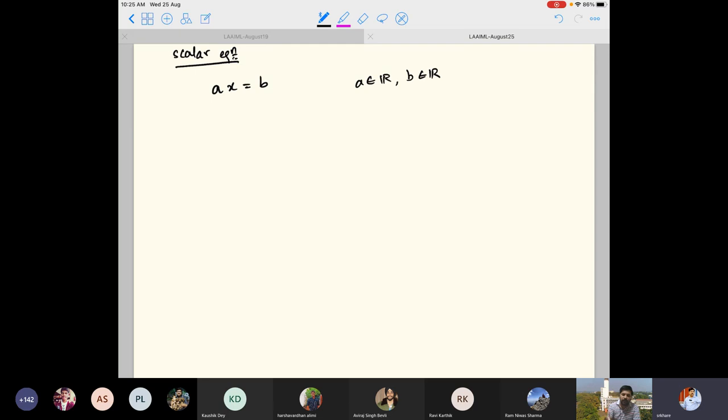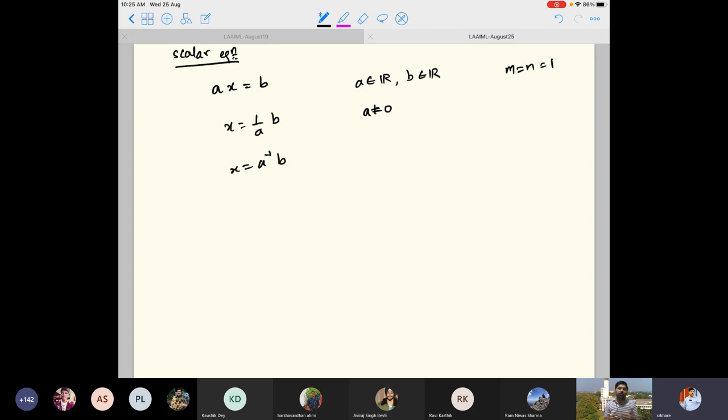This is a particular case when m = n = 1, right? The obvious thing for you to do is to write x = a inverse b. But can you write a inverse b always? You will say no, you cannot always. Provided that a is not equal to 0, you can write x = a inverse b. This is so natural, so easy for us, right? This is something we have been seeing.